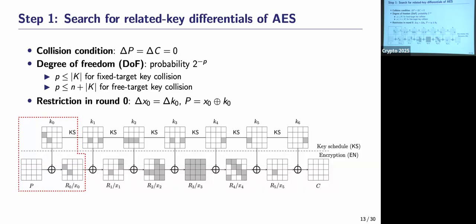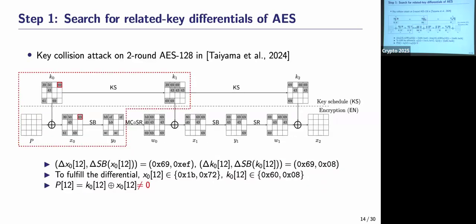For K collision, the differences are all introduced by the key. The value deduced from the active S-box in the encryption path may conflict with the value deduced from the active S-box in the key schedule in the position of fixed P. Taking Taiyama et al.'s fixed target key collision attack of 2-round AES-128 as an example, the differences of x0,12 and k0,12 are the same, but the differences of them after the S-box are different.